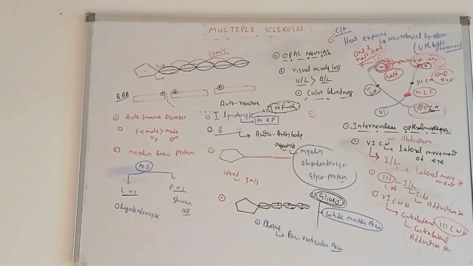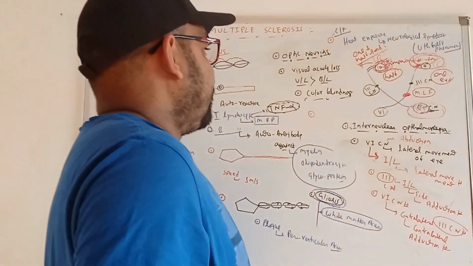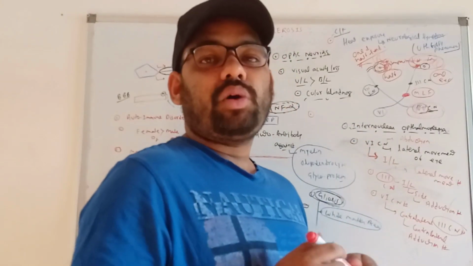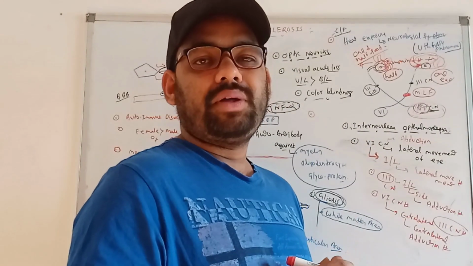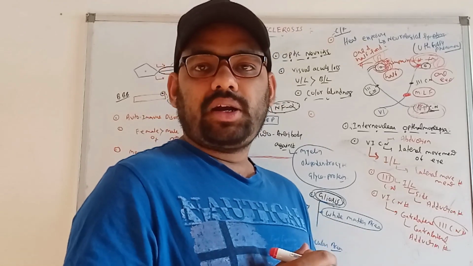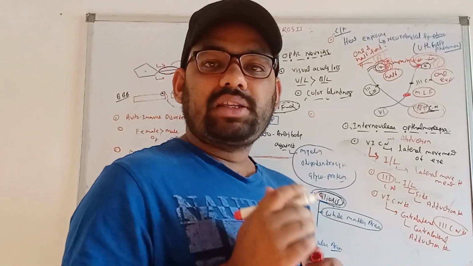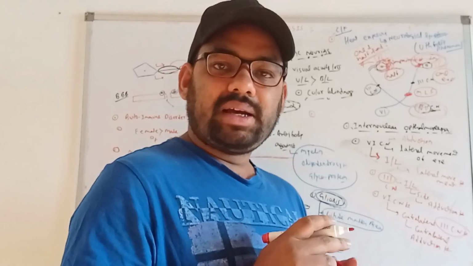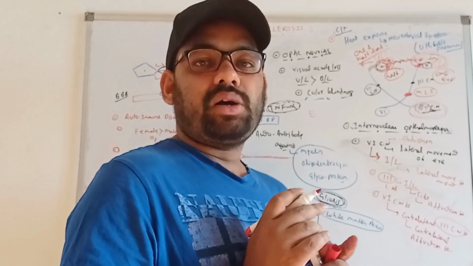So what I was saying is that in multiple sclerosis, in internuclear ophthalmoplegia, we see involvement of the sixth cranial nerve and the third cranial nerve. The sixth cranial nerve is responsible for lateral movement on the ipsilateral side and medial movement on the contralateral side.